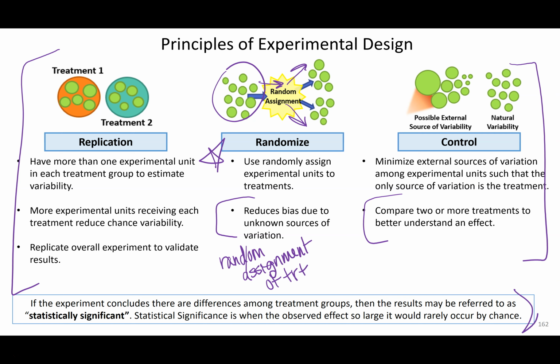And one last thing, I want to acknowledge this little blurb here on the bottom. Take it with a grain of salt, though. This phrase, statistically significant, is becoming more and more like a swear word in the field of stats. When you're able to conclude, hey, there are differences among these treatment groups, and it's highly unlikely that this would have happened just by chance if there wasn't an effect of these treatments, we use this phrase, statistically significant.